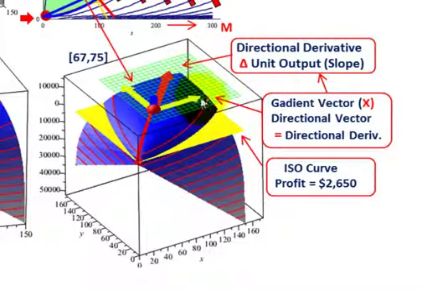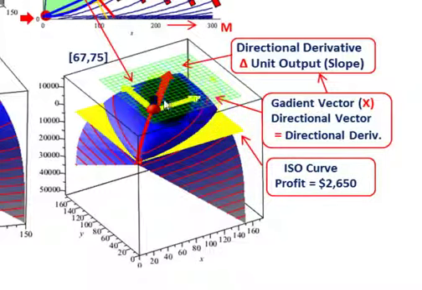Okay, and then again, these yellow vectors for material and labor, you take the gradient, and this is what we're going to be working with. The gradient vector times the directional vector is equal to our directional derivative. And then I'm just showing these yellow ISO curves slicing through our production function. You could put it in at any value. I just put it in here at a profit of $2,650.